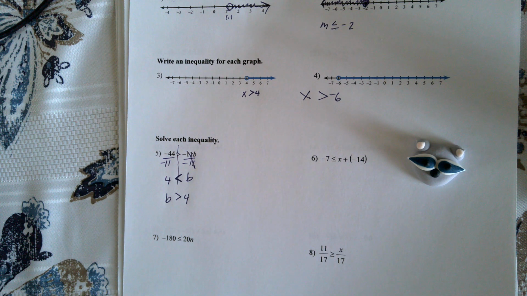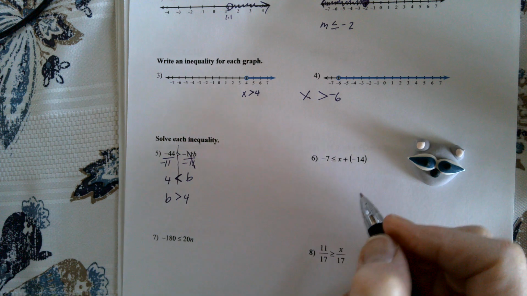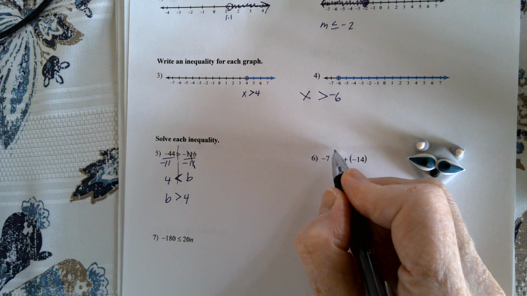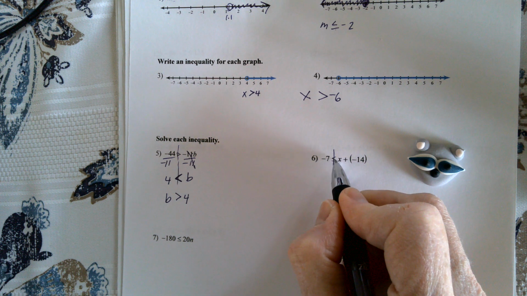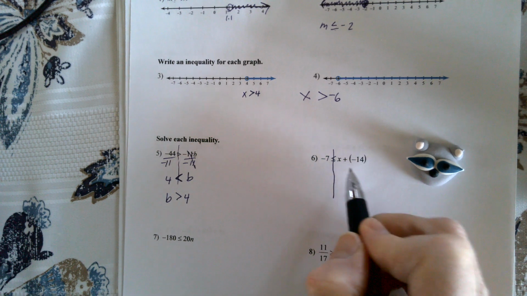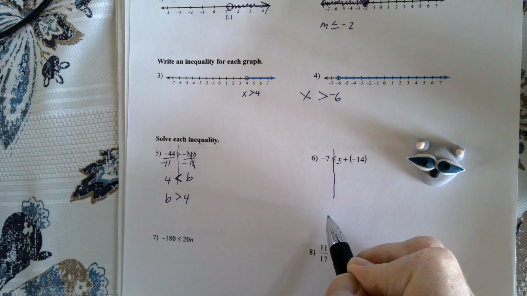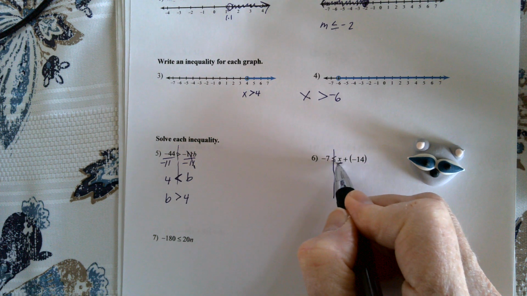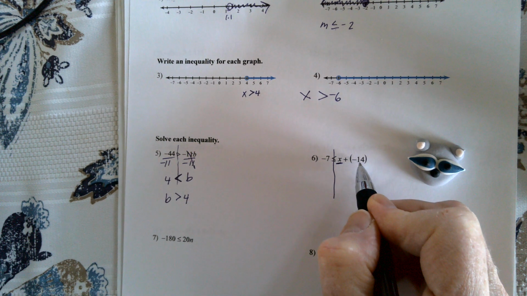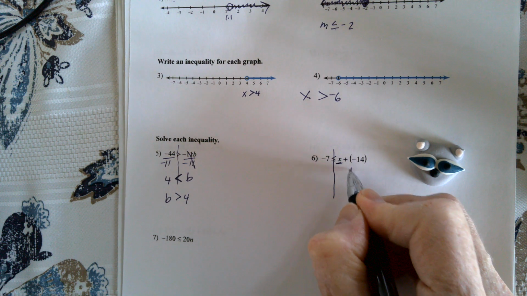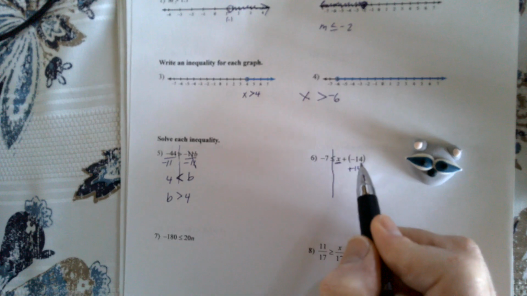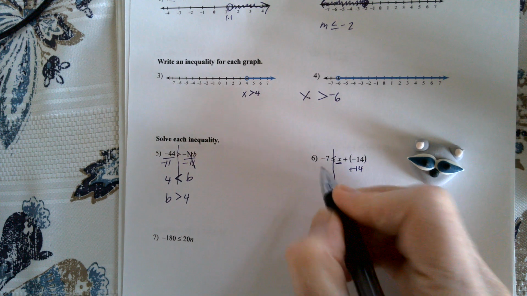On the test, you will have to graph all of them. Okay, here's my division where the inequality symbol is. I want to isolate the x. Inverse operation of adding a -14 is just to add +14. -14 plus 14 is 0.